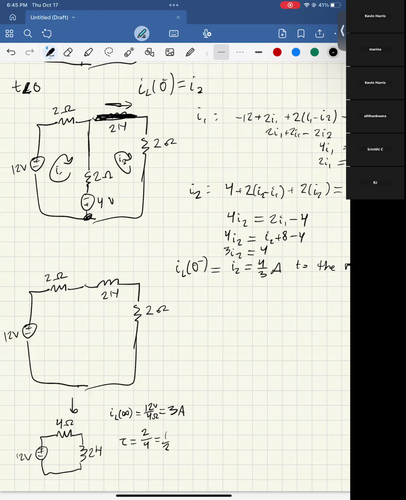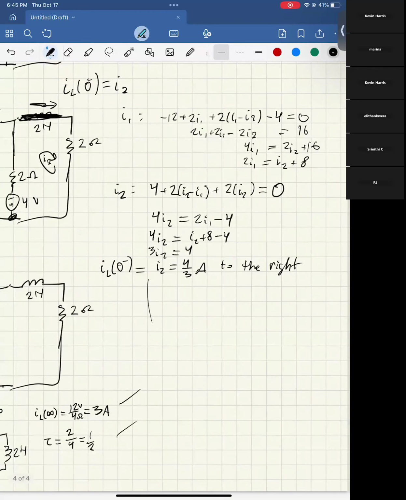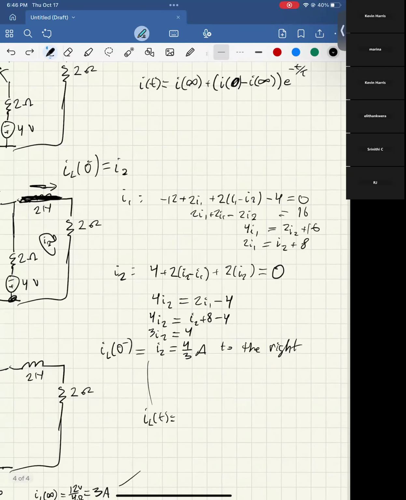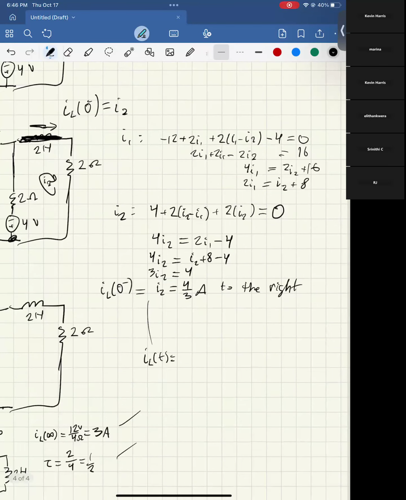And now we have all the parts to make our final thing, which is going to be IL of t. Let me write this a bit higher, actually. IL of t equals IL of infinity. Remember what's up there? IL of infinity, so 4/3 plus, we got, oh wait, no, I wrote this wrong. Oopsies. Because infinity is 3.